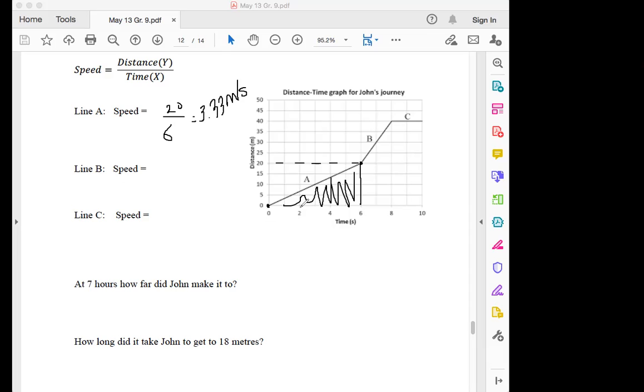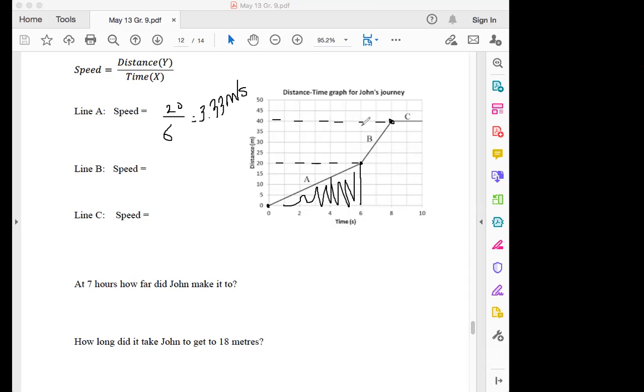Next, we're going to look at line B. We have to go from this point to this point, so it went 20 meters. It's not 40 because we're looking from this point to this point.